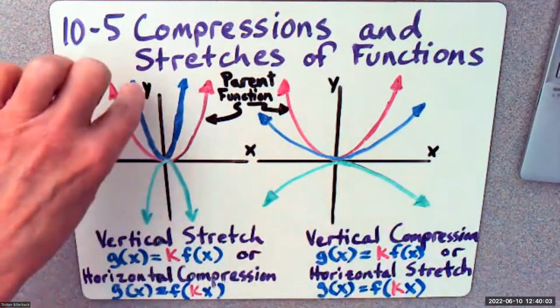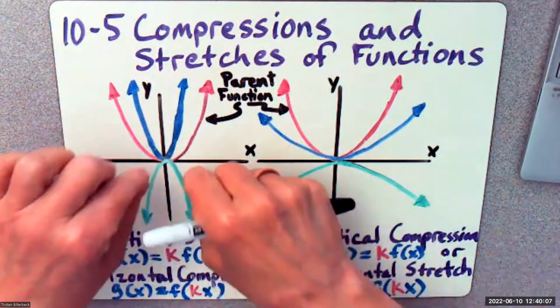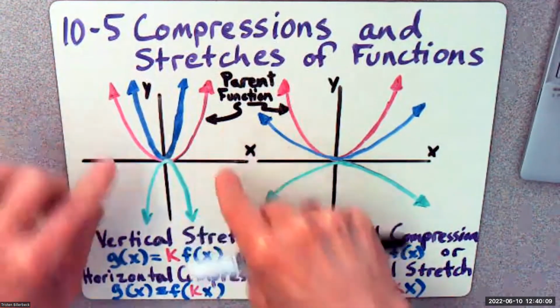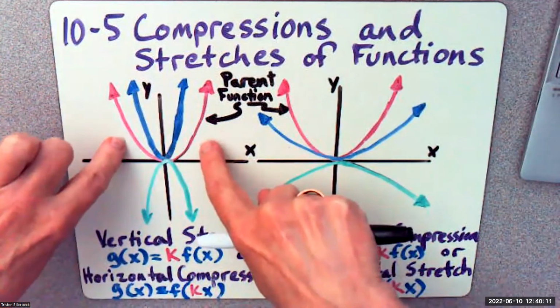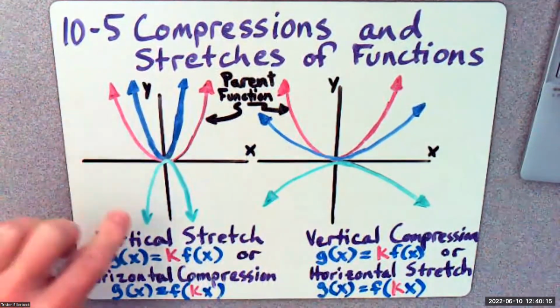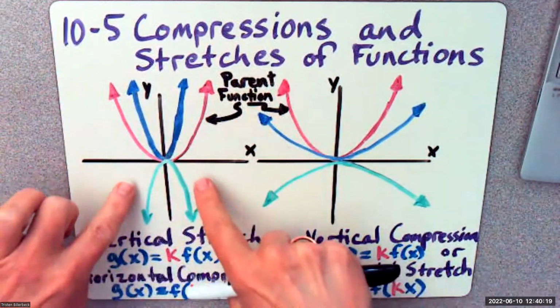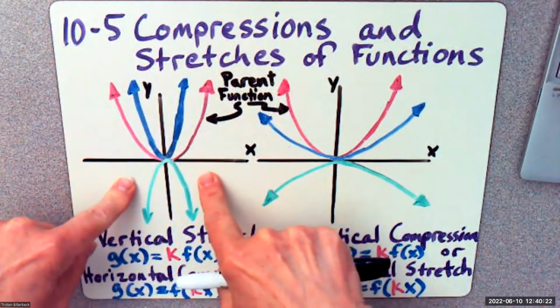As we can see, this blue and this green parabola are stretching farther away from this x-axis than the pink parabola, which is the parent parabola. So this is basically being pushed away from the x-axis, which is the compression.